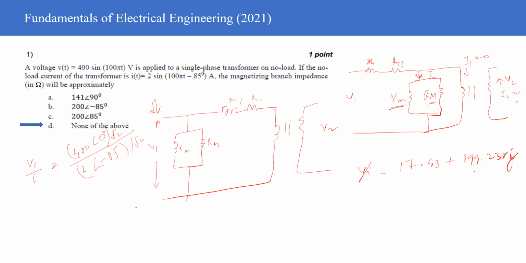So you see over here that V by I is nothing but the R effective plus j X effective. But we know that the value of R effective and j is going to be practically this thing, right?